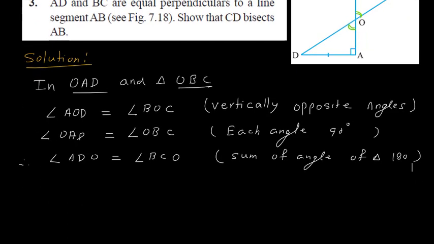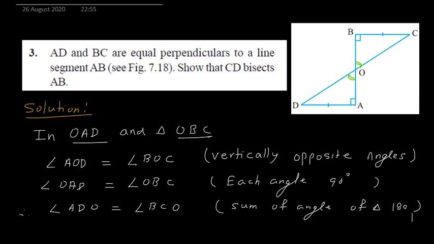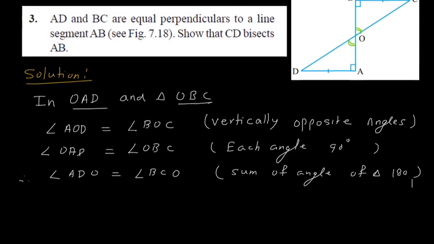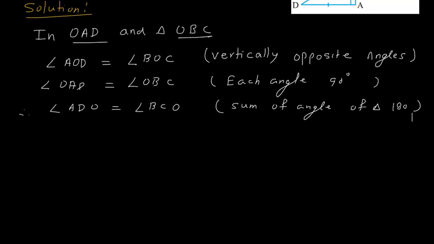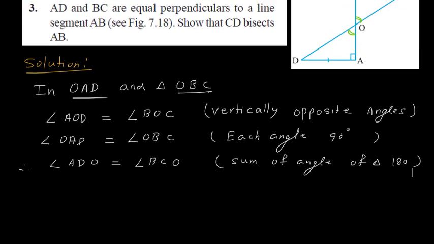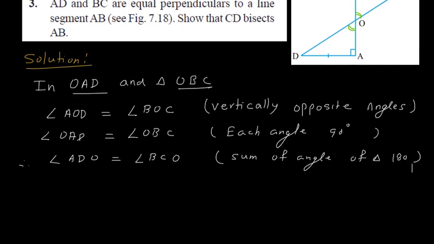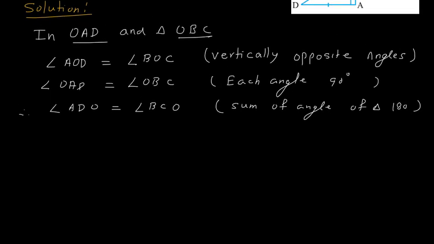So angle AOD, angle ADO and angle BCO, they are equal. Okay. Now side AD and side BC, they are the same.